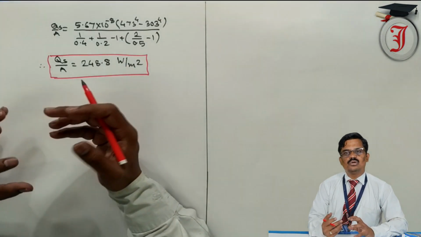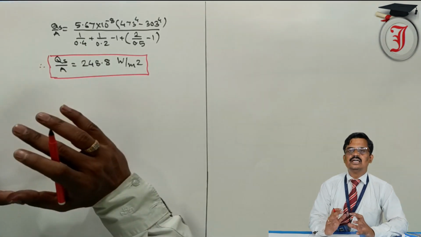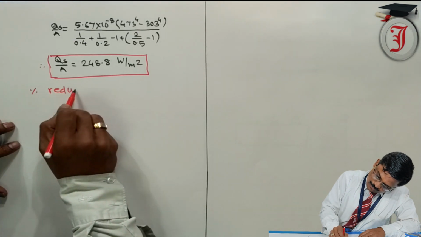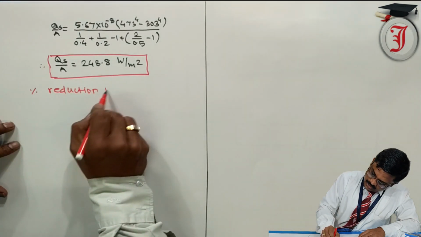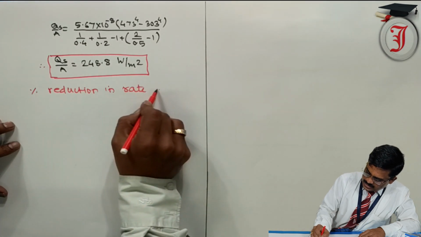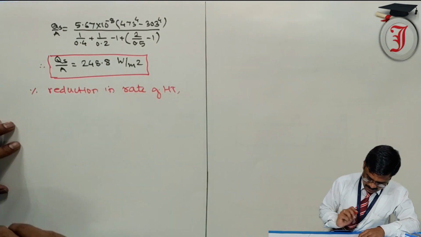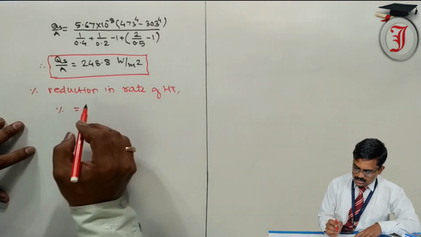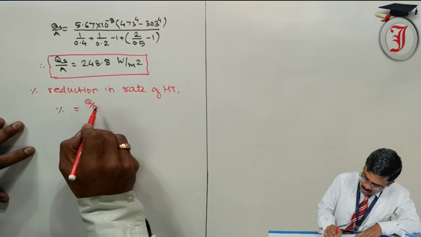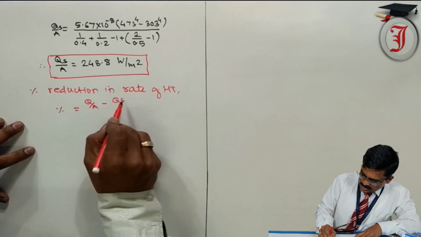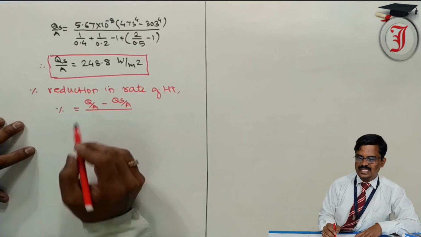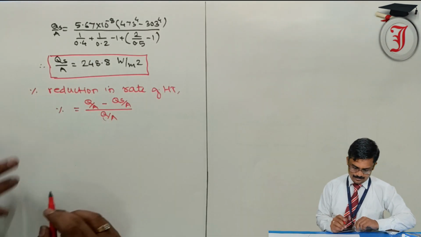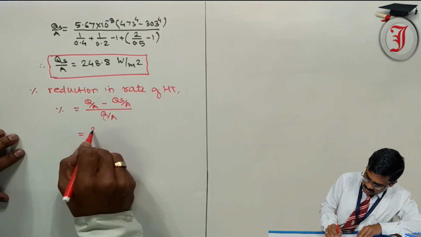Now we have to calculate the percentage reduction in the rate of heat transfer. The percentage reduction is given by Q by A minus Qs upon A, divided by Q upon A without shield. Let us put the values.